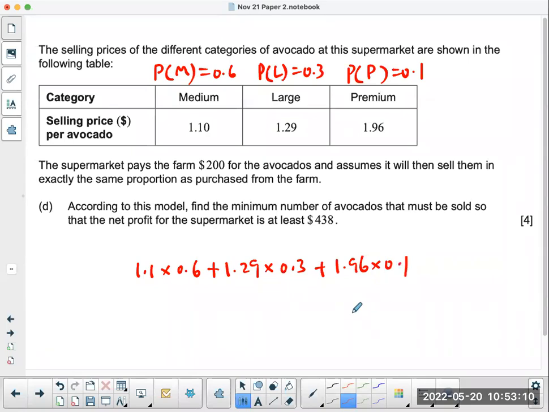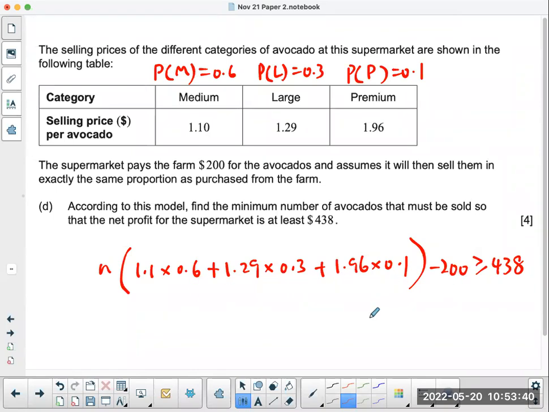Okay. And then I have to multiply everything by the number. So that is going to be N, right? So this is going to be the net revenue. I need to pay $200 and I want a profit of at least 438.